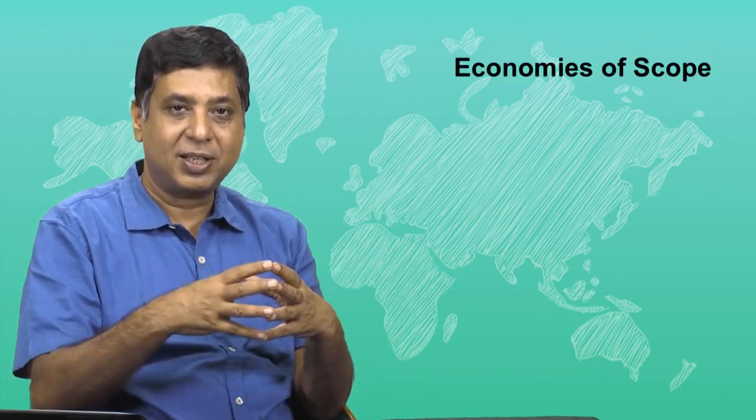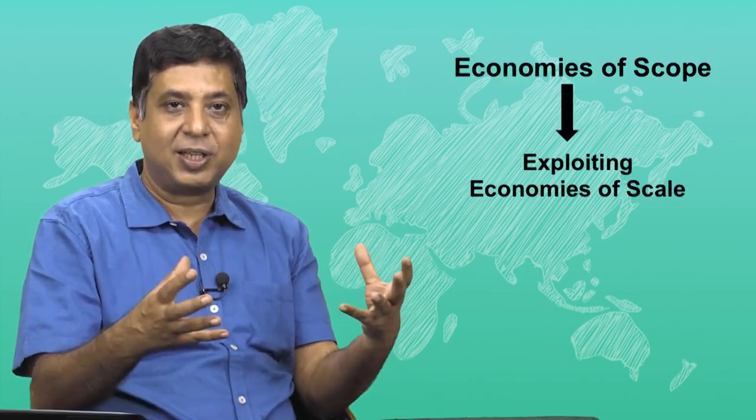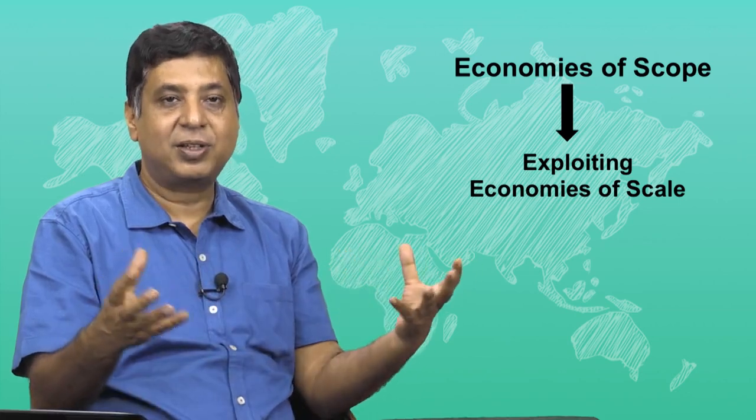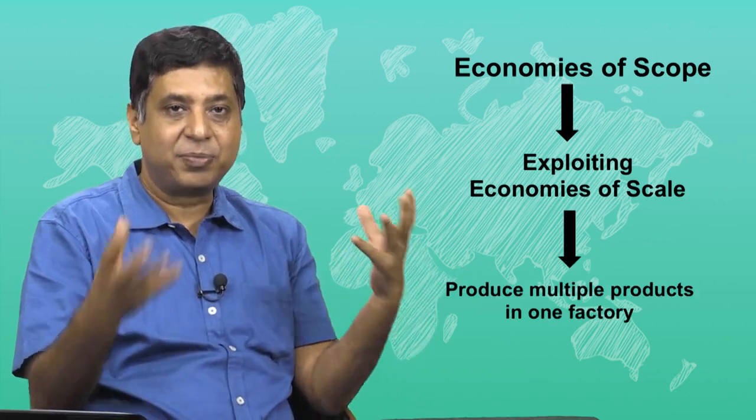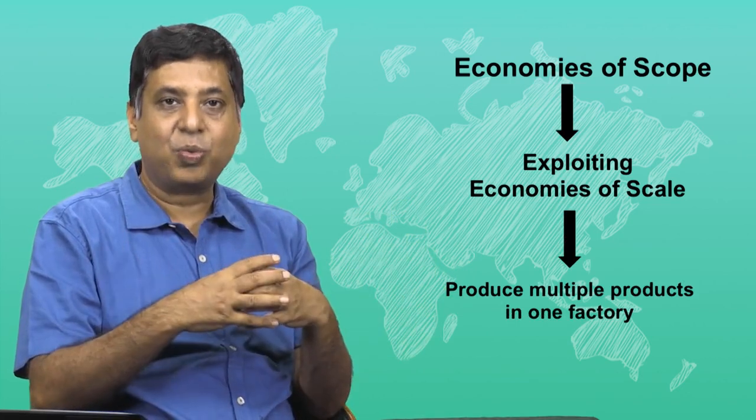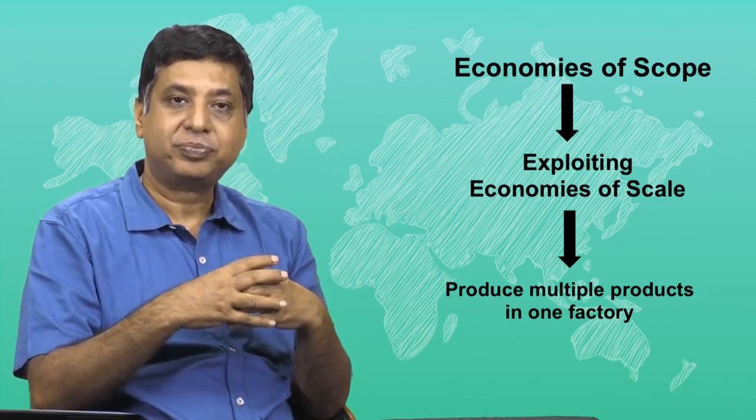For example, you might produce both cars and tractors, because by producing these two different products jointly in one factory, you benefit from economies of scale. So, economies of scope is like exploiting economies of scale or economies of size by producing more than one output.